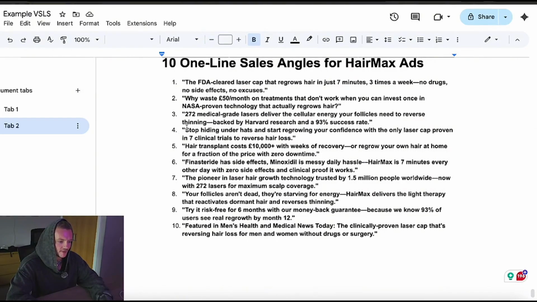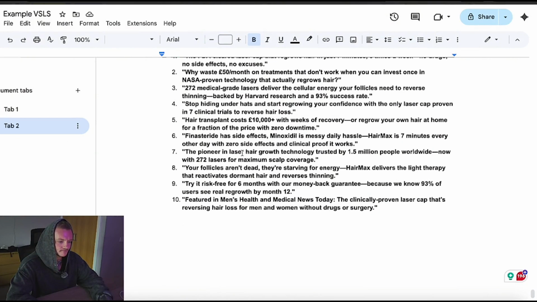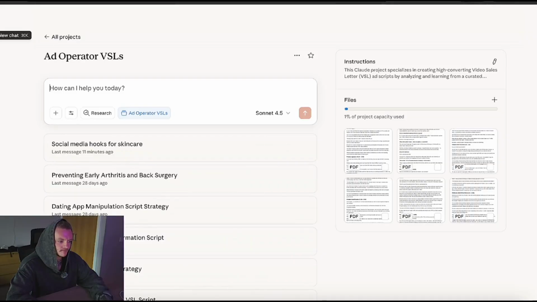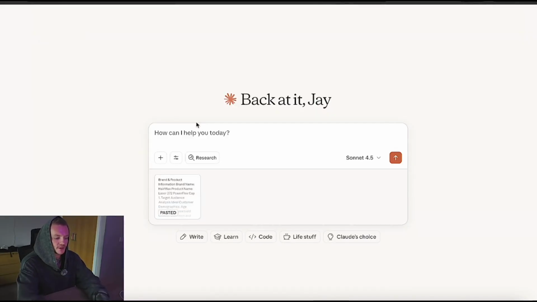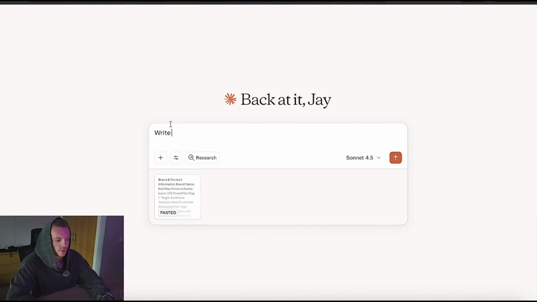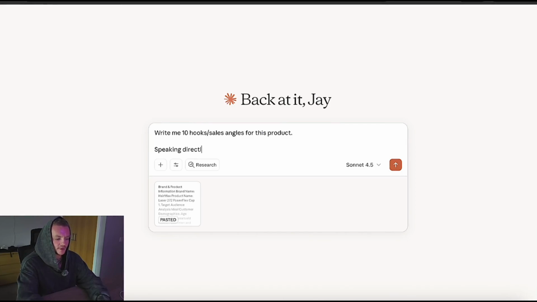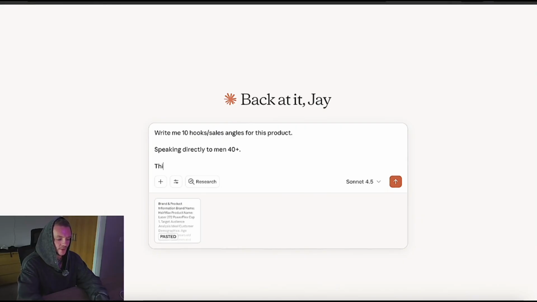I'm thinking already, let me take the brief in here, and I'm going to say, write me 10 hooks, sales angles for this product, speaking directly to, let's say, men 40 plus. Think of overarching angles, not too specific.